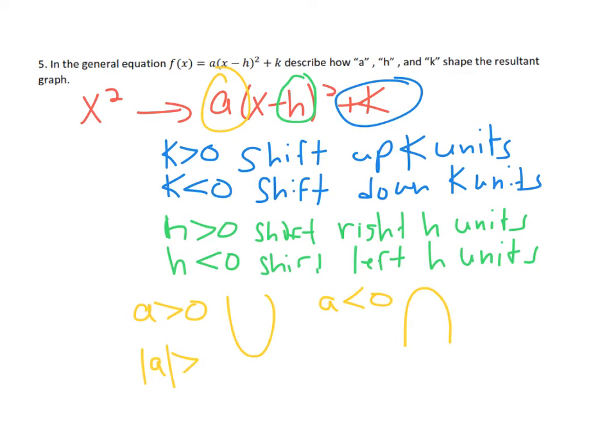If it's greater than 1, then you're going to be thinner than the original, and that's a vertical stretch. And if the absolute value of a is less than 1, then it's going to be fatter than the original. So those are the things that would make up a complete answer.